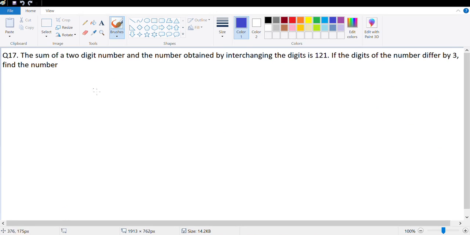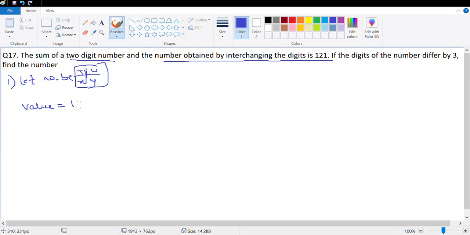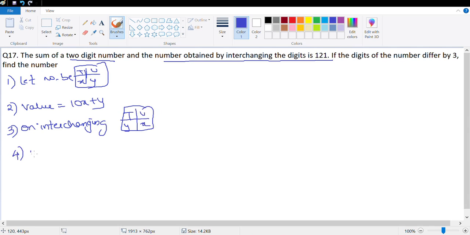The sum of a 2-digit number and the number obtained by interchanging the digits is 121. Okay, let the number be 10x plus y, with digits x and y. Value of this number is 10x plus y. Next, on interchanging, in the tens place now we have y, and in the units place we have x, which means the new value is equal to 10y plus x.